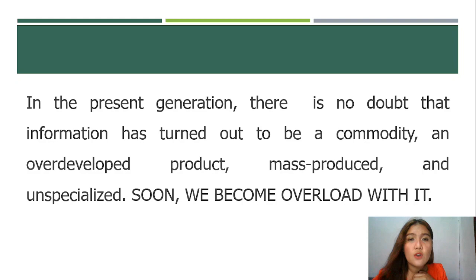In the present generation, there is no doubt that information has turned out to be a commodity, an overdeveloped product, mass-produced and unspecialized. Soon, we become overloaded with it. Ngayon pa nga lang overloaded na tayo. Kaya nga, nagkakaroon ng fake news sa sobrang dami ng information available.